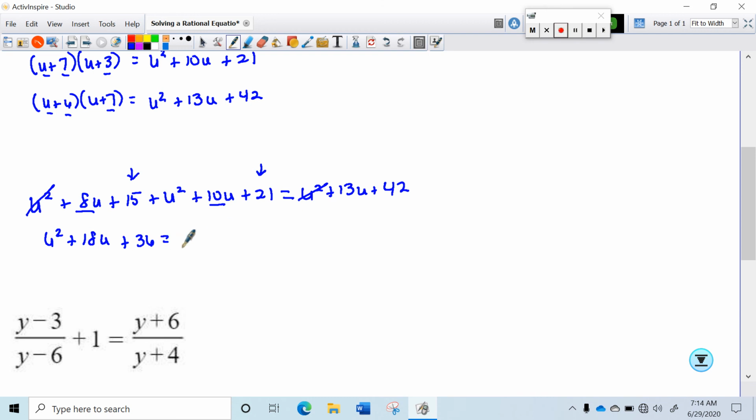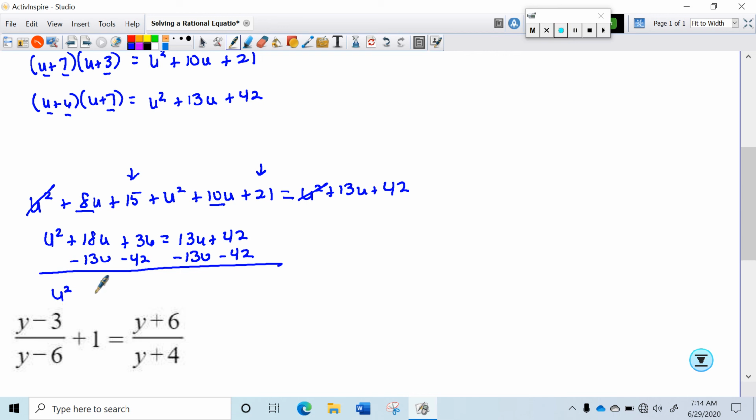Equals 13u plus 42. Okay, I need to leave the u squared positive, so it already is. Leave it alone. So everything on the other side of the equal sign, you've got to get with that. So you do opposites. The opposite of positive 13u is negative 13u, so you put that here. The opposite of positive 42 is negative 42, so that goes here.